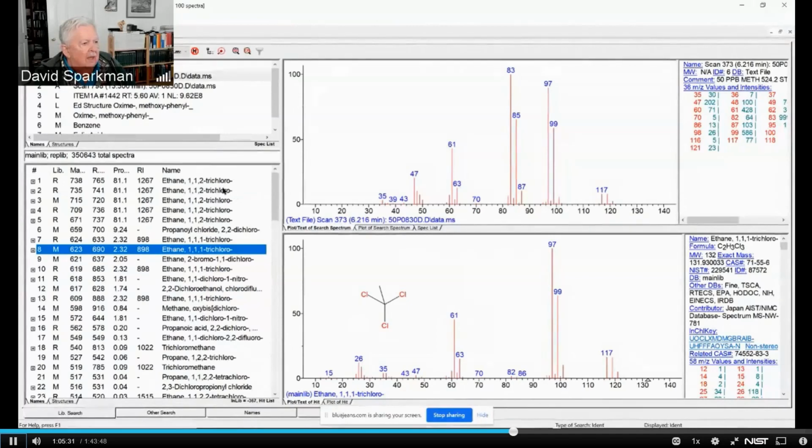And what he had from searching the NIST main and rep libs, he had the first 5 hits all for the same compound, 1,1,2 trichloroethane. Now, these had match factors that were not particularly high, but still fairly respectable.